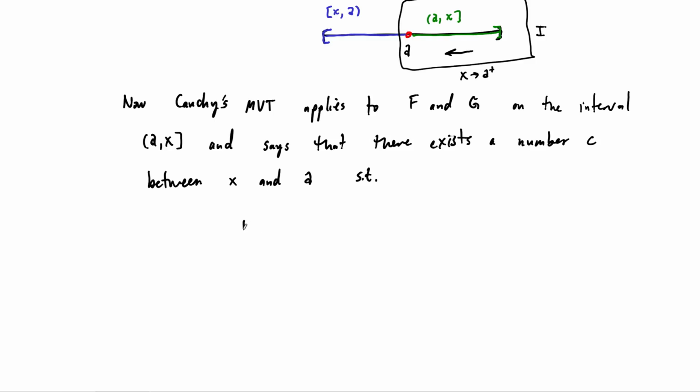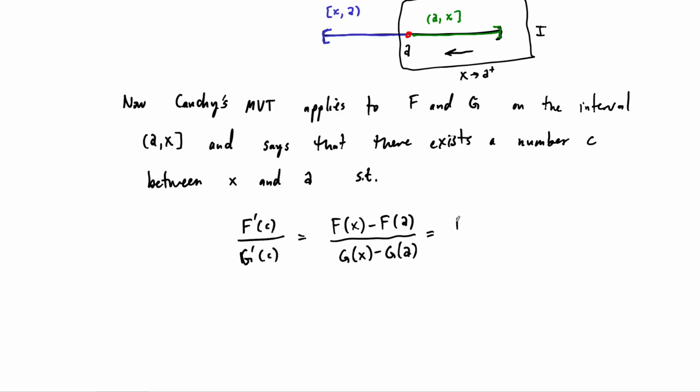That the ratio of the derivatives, f prime of c over g prime of c, is equal to the difference, capital F of the right endpoint x minus capital F of a, that's the left endpoint, divided by capital G of x minus capital G of a, right? But we've got a couple extra things going on here.